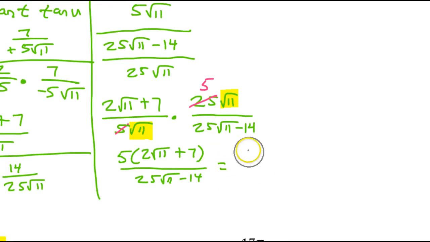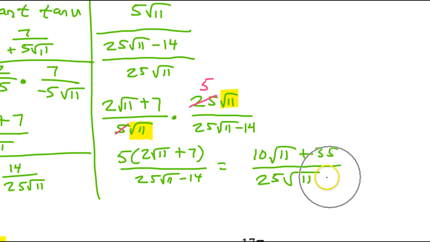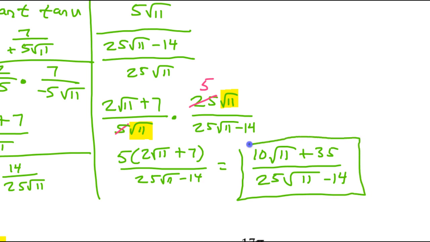So the final answer is going to be 10 radical 11 plus 35 over 25 radical 11 minus 14. All right, now that was an ugly, ugly problem.